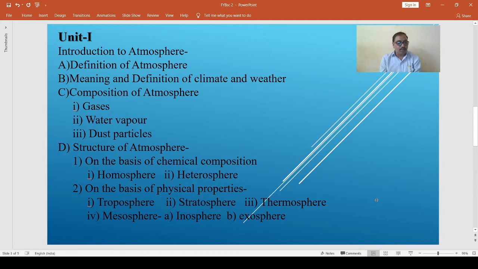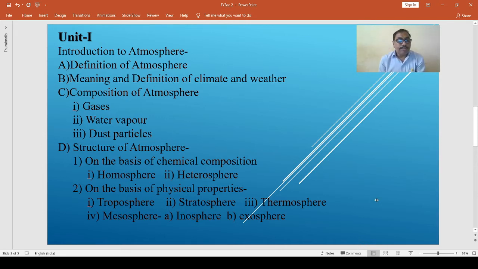The third unit is about atmospheric pressure and winds. Here the sub-units are formation of pressure belts, shifting of pressure belts and their effects. Then winds, factors affecting winds.